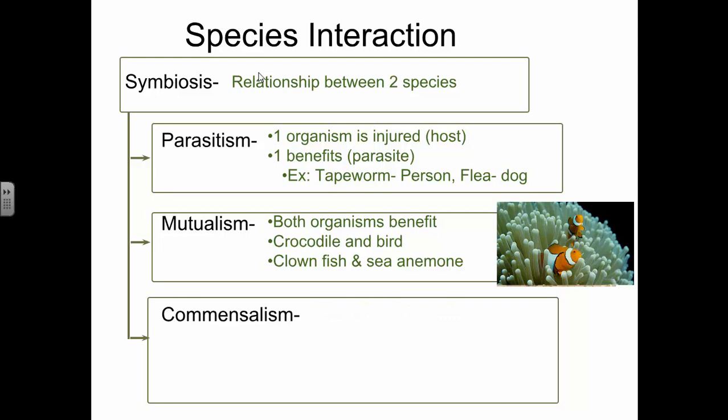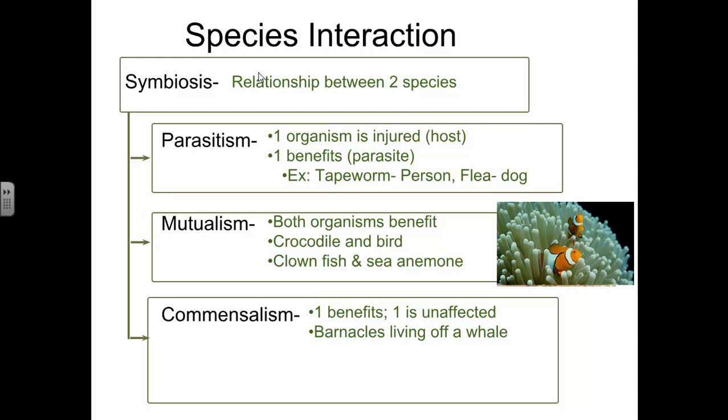Now the last type is this relationship called commensalism. This is when one of the species is benefiting and the other is not really affected at all. It's not helped, it doesn't benefit, but it's also not harmed in any way. For example, a barnacle. Barnacles are sea creatures. They are filter feeders.